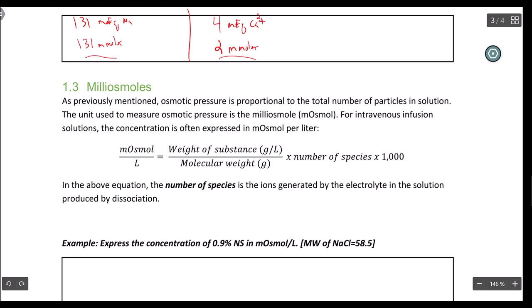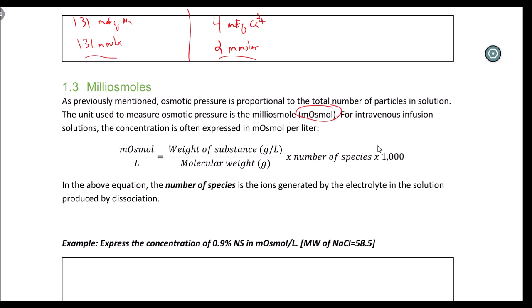And when we say the osmotic pressure in milliosmoles, for intravenous solutions, if somebody is looking for milliosmoles in terms of an expression of its osmolarity, it's going to be milliosmoles per liter.